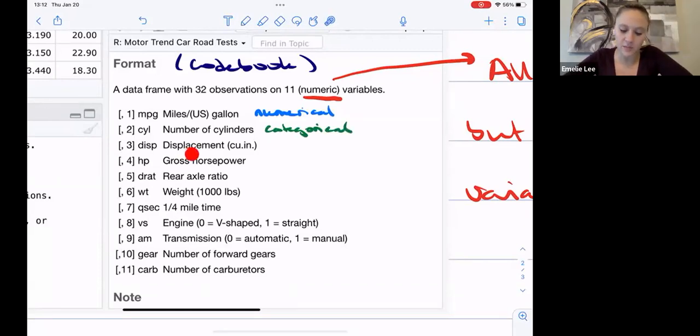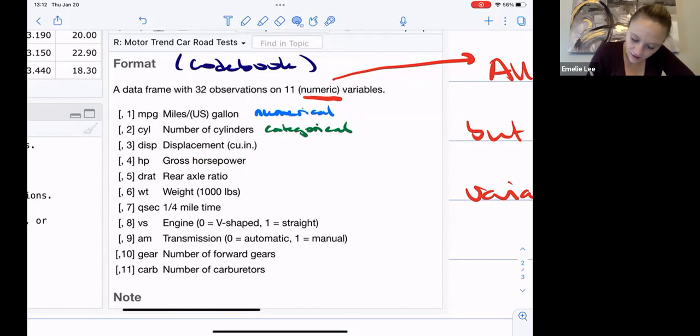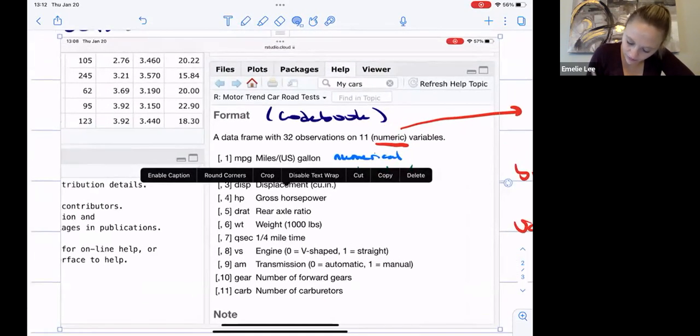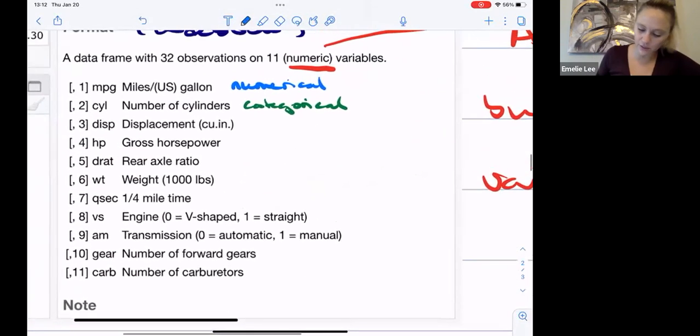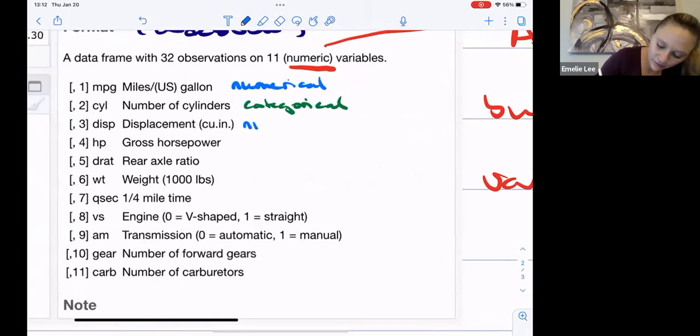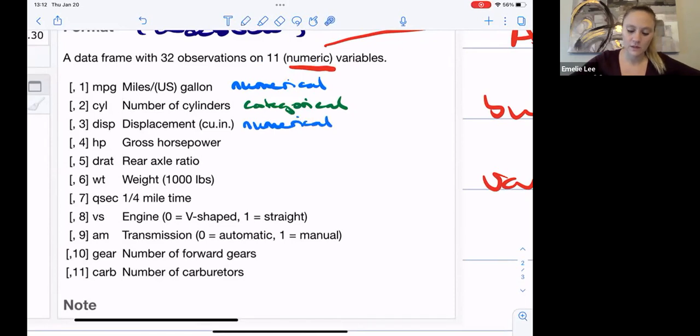Okay. The displacement, as soon as we have units, cubic inches, that's kind of a giveaway that it's going to be a numerical variable, right? And maybe what I'll do is copy this and we'll go through, oh, maybe not. It won't let me do it because I'm already on a picture. So here we go, numerical. Gross horsepower.